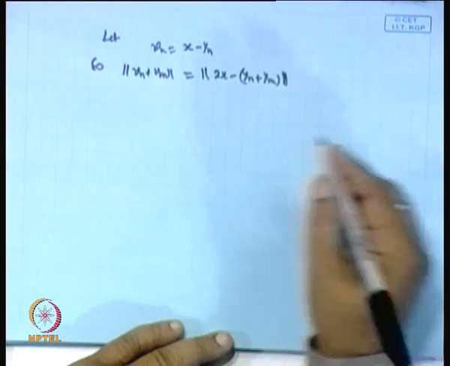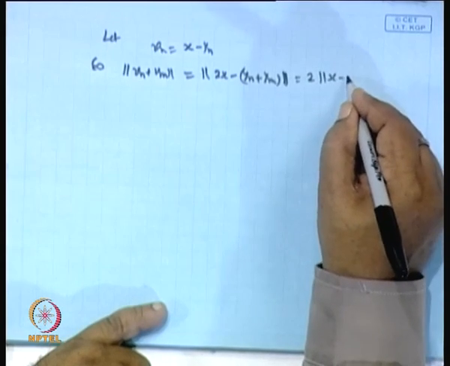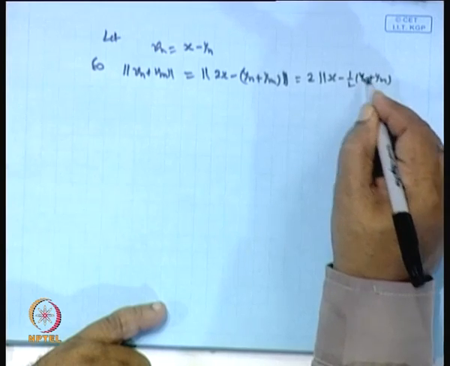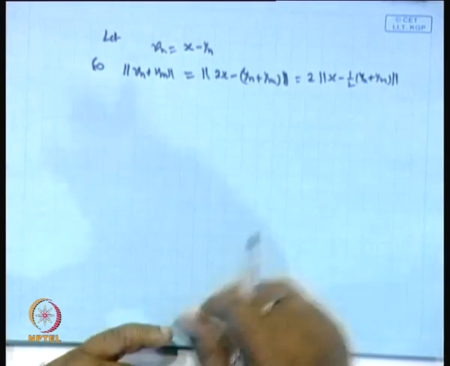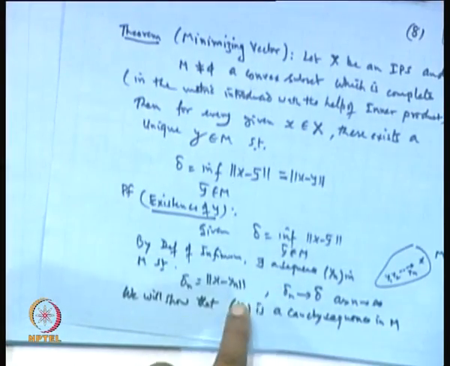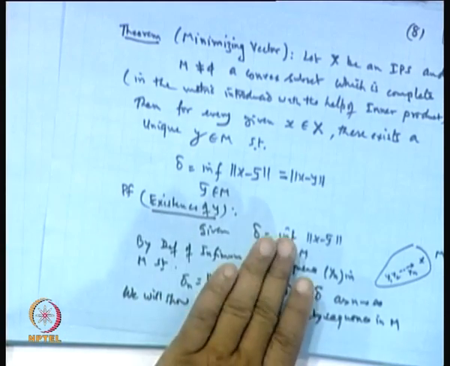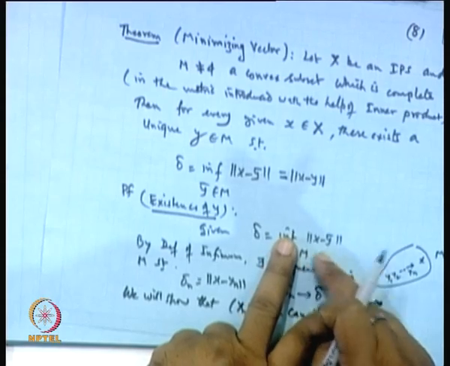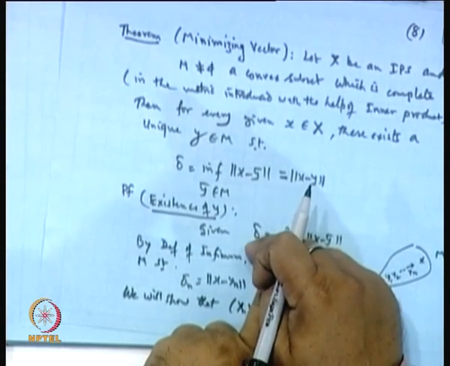Is it okay or not? So, take 2 outside, we get x minus half of (yn plus ym). Now, the infimum of this thing is delta. It means, if I remove the infimum, then for whatever y belonging to M, the norm of x minus y will be greater than or equal to delta.